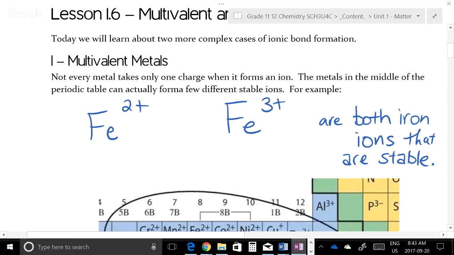When I prepped this lesson, that sentence was going to be, these are both stable iron ions, and that would have been a better sentence. But there you go.